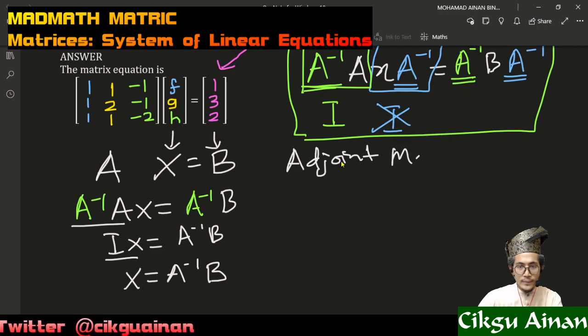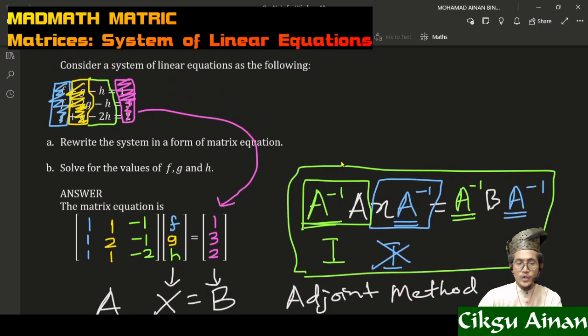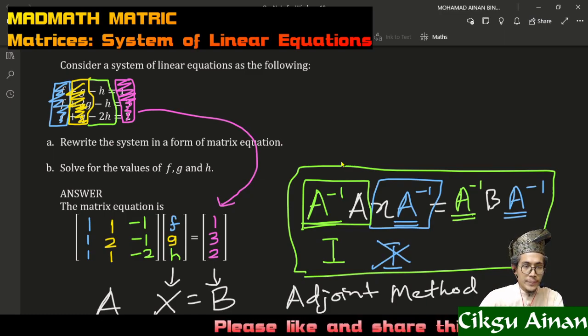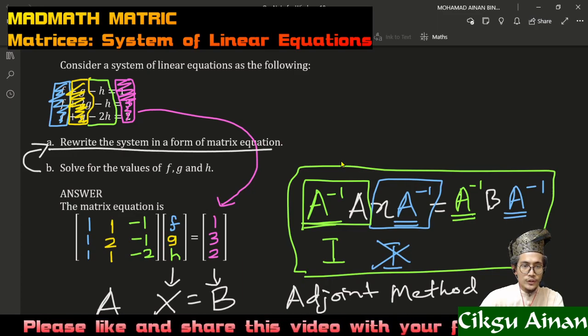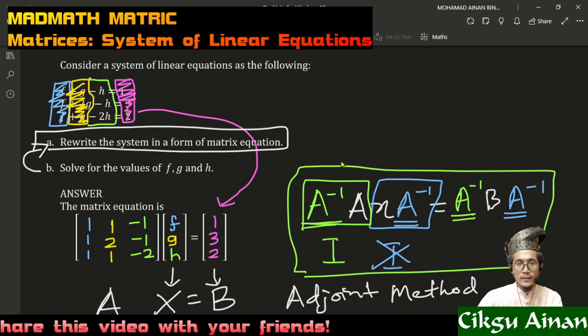Adjoint method. Okay, how do I know this question can use the adjoint method? First thing first, you have to look at the previous question before we solve. You have to look, is there any multiplication involved?